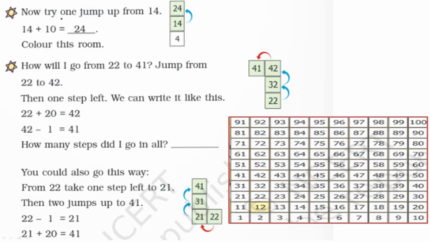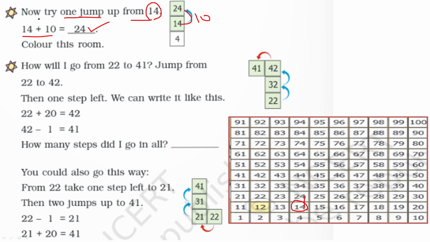Now try 1 jump up from 14. From 14, 1 step up. Where is 14 in the numbers? 14. 1 step up, where you will reach 24. So 14 plus 10 is equal to 24. 14 and 10 makes adding.